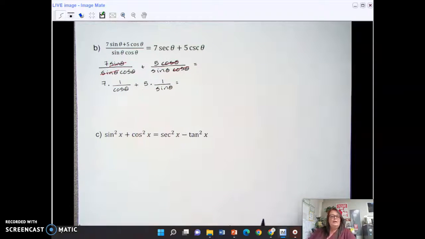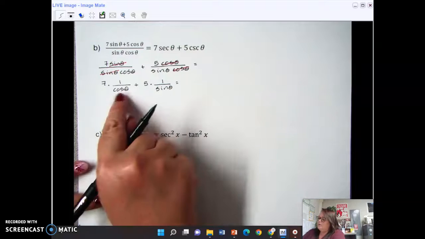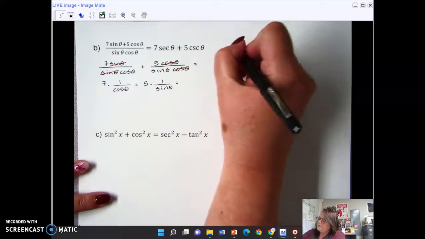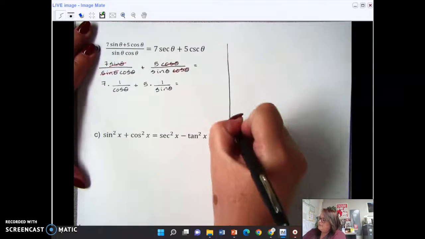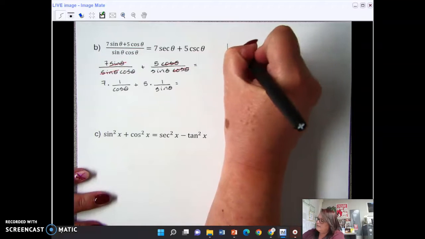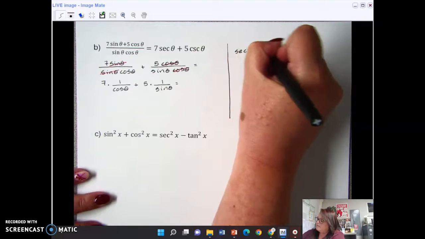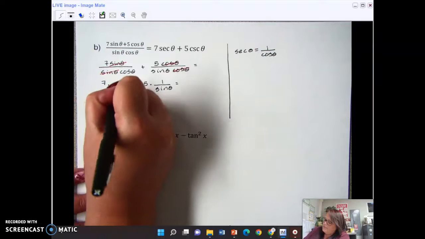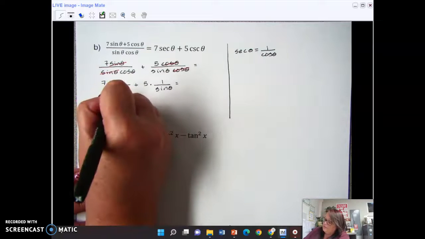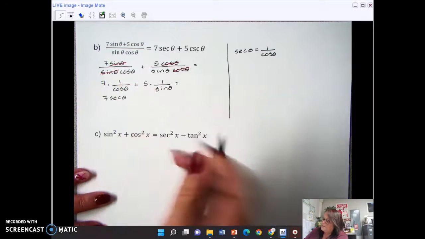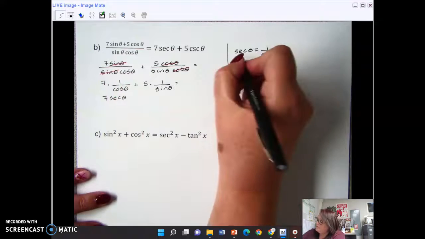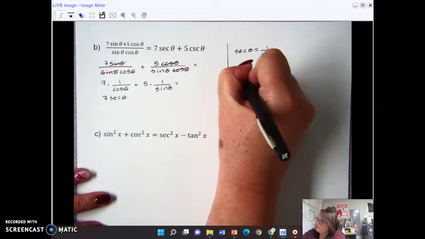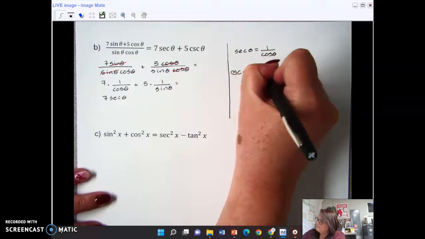Okay, so then let's remember the reciprocal of cosine of theta is the secant of theta. So over here we can substitute 1 over cosine theta with secant of theta. And then the reciprocal of sine of theta is cosecant of theta.